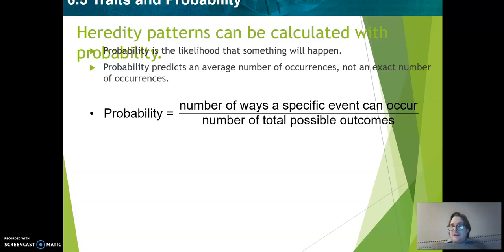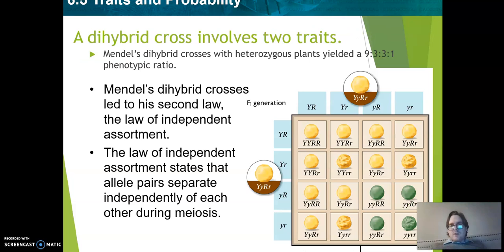Meanwhile, there were 9 round yellow P's, so there was a 9 out of 16 because we're using that same 4x4 Punnett square to determine it. I will go back real quick. There were 9 out of the total 16 that were yellow and round.